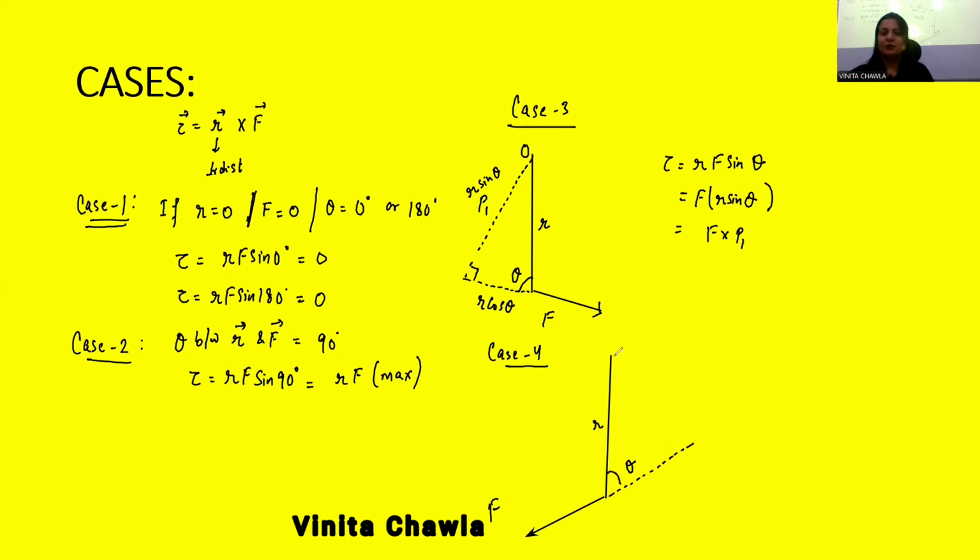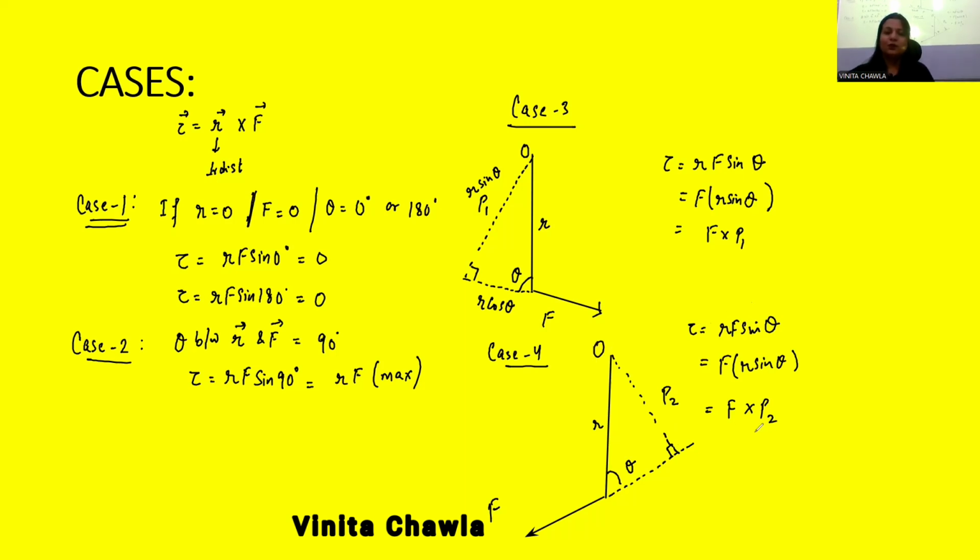Again, we'll draw a perpendicular on it. Okay, let this be P2. Torque is R F sine theta. So we can write this as F into R sine theta. Now R sine theta is P2, so torque is F into P2. Okay, let this point be O.